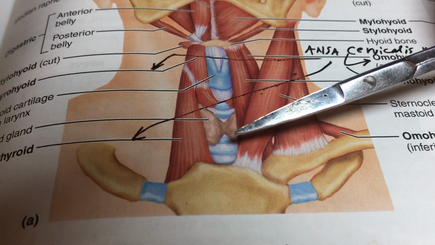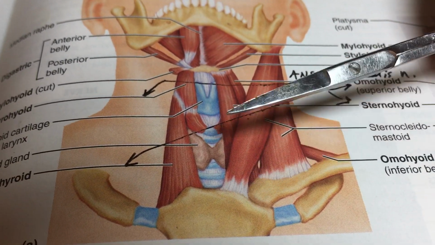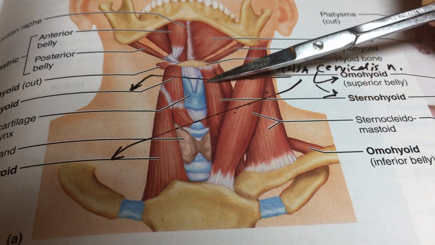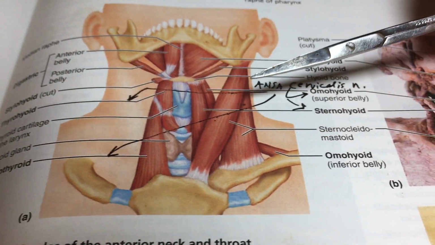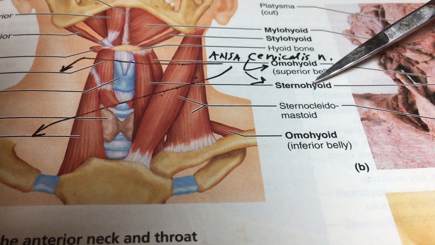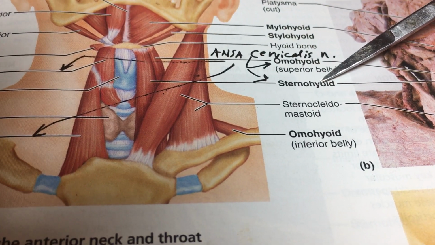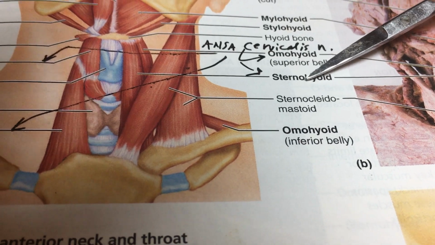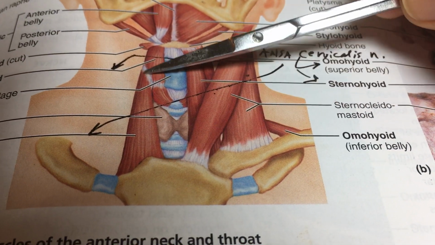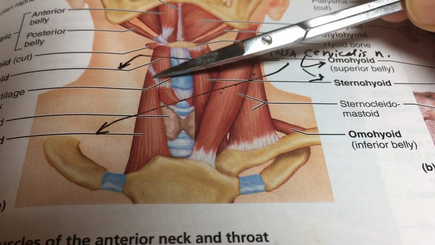Let's take a close look here. Notice we have one very long one that goes from the sternum all the way to the hyoid, and it's named sternohyoid. Then we have one from the sternum to the thyroid cartilage.